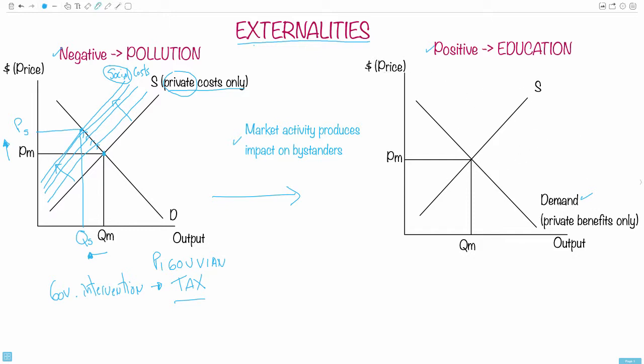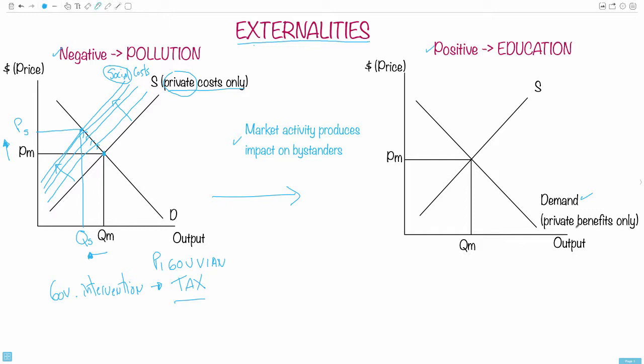But notice that the demand, the students, it's assumed that they only take into account private benefits, without realizing that when they go to school, when they go to college, they also produce a benefit to the rest of society. When they talk to people, well, they have more informed opinions.